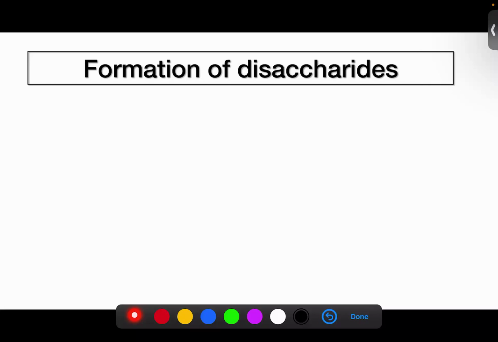Maltose, as I said, is a disaccharide, and it is made from 2 alpha glucose units. To make the structure of maltose, we should draw 2 alpha glucose.